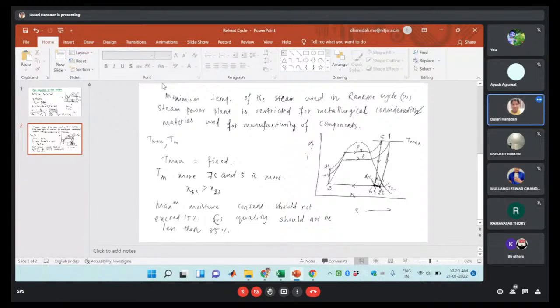Okay, so it is the desirable limit for most of the turbine expansion processes.